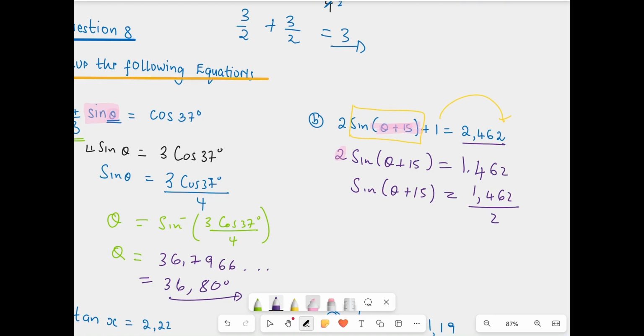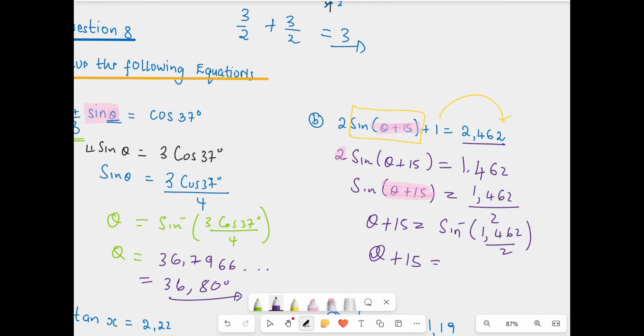Now I can solve for this angle. Now theta plus 15 is equal to arcsine. Arcsine means I will press shift first, 1,462 divided by 2.